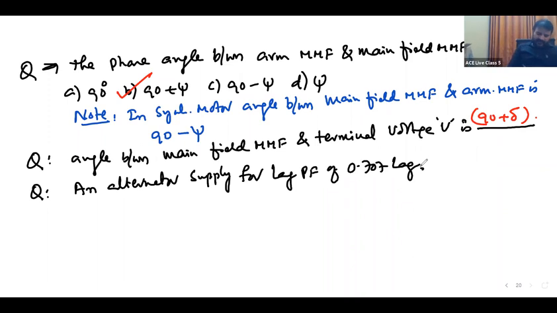The angle between E and V is 15 degrees.